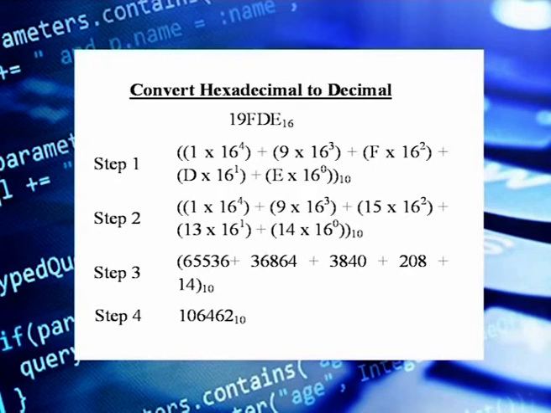Look at the figure. In this example, the hexadecimal number is 19FDE. We convert it into an equivalent decimal number by multiplying each digit of the number with the powers of 16. Thus, we get 106462 as the equivalent decimal number.